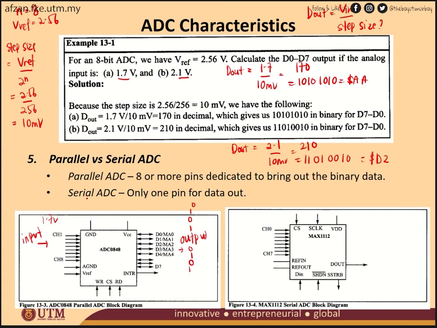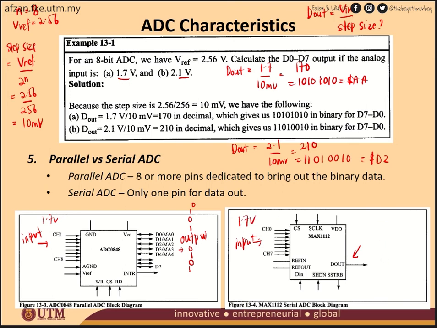If you're going to use a serial ADC, this is the input, and you only have one data out, so you need to send one bit at a time. Your input here is 1.7 volts, and you want to find the digital output.